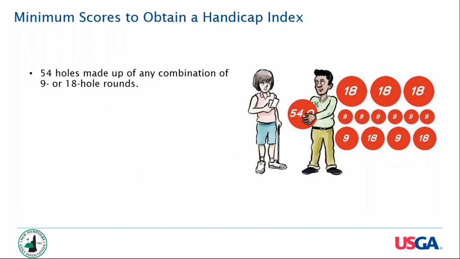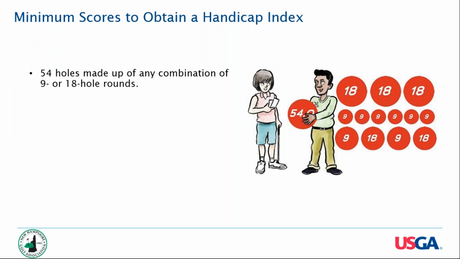The minimum number of scores to obtain a handicap index is now 54 holes made up of any combination of 9 or 18 holes. Basically, 3 18-hole rounds in their scoring record will give them a handicap index. In the old system, it was 5 18-hole scores.